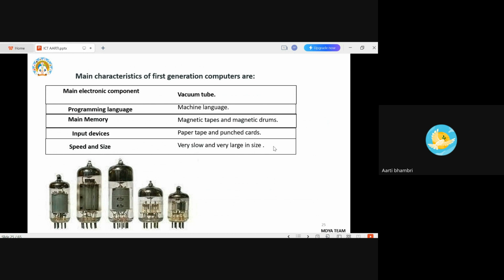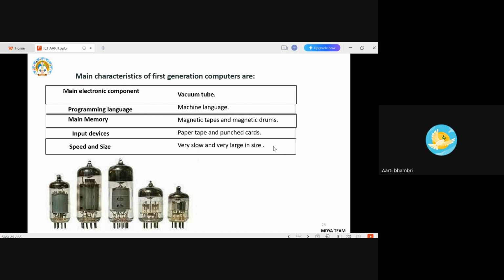Generations of the computer. The main electronic component used in the first generation computer is the vacuum tube, the programming language is machine language, and the main memories are magnetic tapes and magnetic drums. Input devices are paper tape and punched cards.